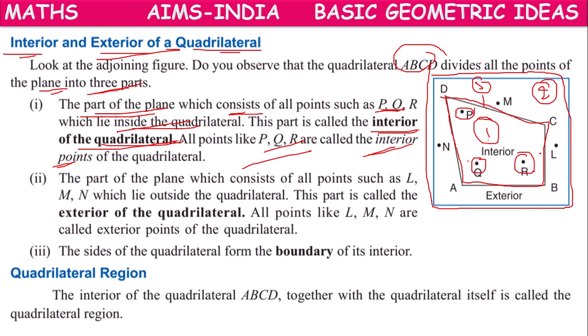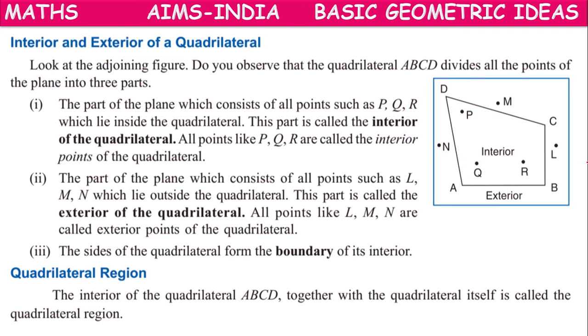The points like L, M, N are outside the quadrilateral without touching it. This outside part is called the exterior of the quadrilateral, and these points are called exterior points.